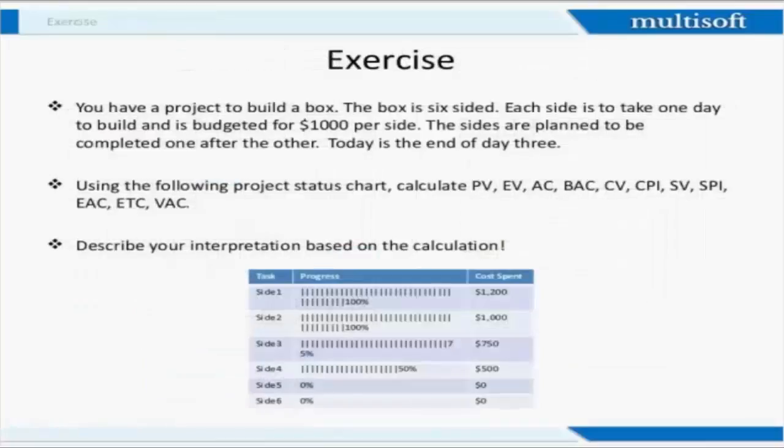Now do this exercise. Calculate the earned value, planned value, and actual cost. So what is the planned value? 3,000. And earned value? 1,750, $2,750, plus there is one more 50, no?